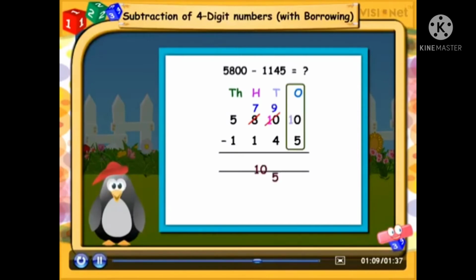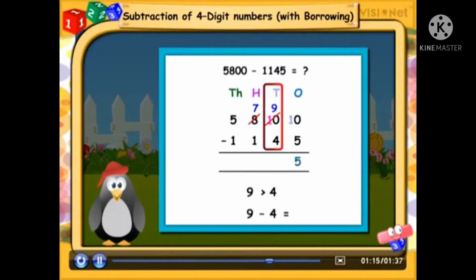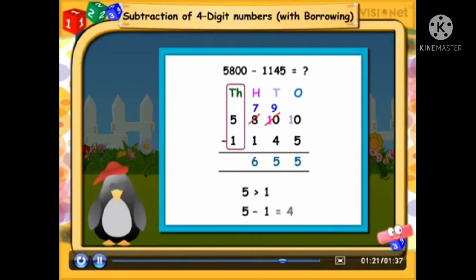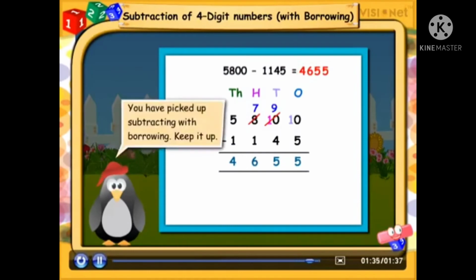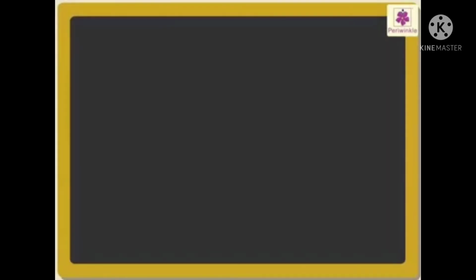Now we subtract: 10 minus 5 equals 5. 9 minus 4 equals 5. 7 minus 1 equals 6 and 5 minus 1 equals 4. So, 5800 minus 1145 is equal to 4655. You have picked up subtracting with borrowing. Keep it up. Let's begin with the first story.